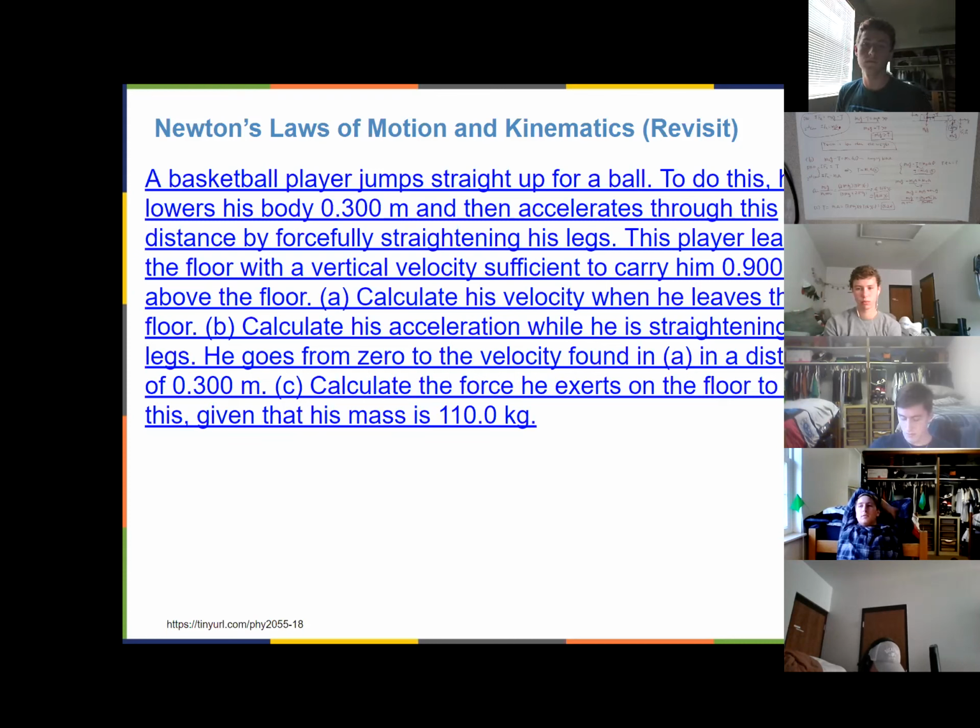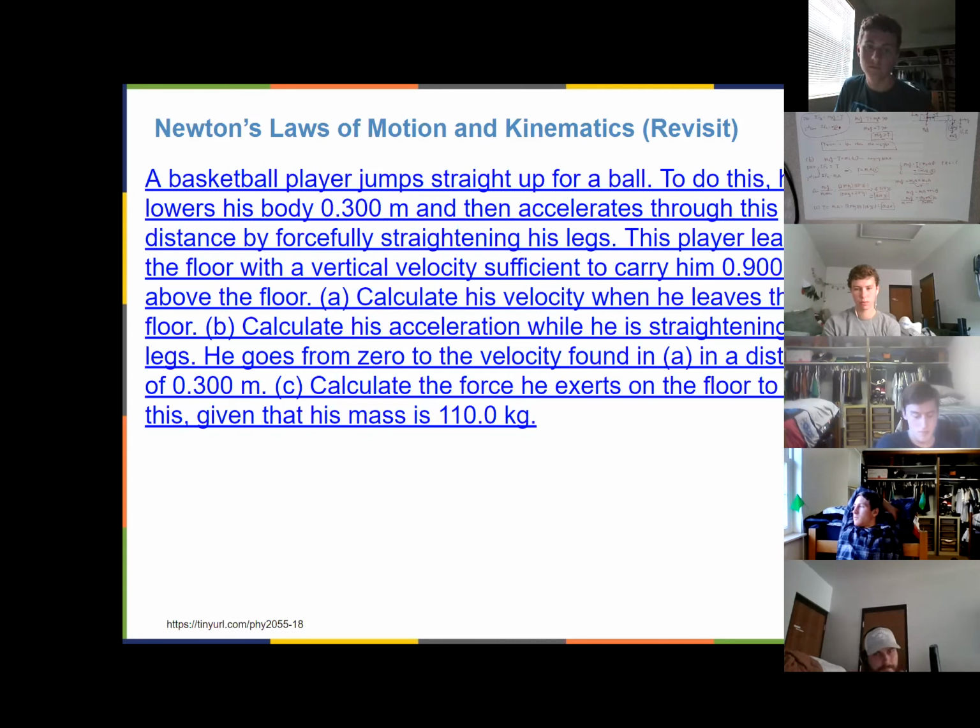A: calculate his velocity when he leaves the floor. And then B: calculate his acceleration while he's straightening his legs, as he goes from 0 to the velocity found in A in a distance of 0.300 meters.